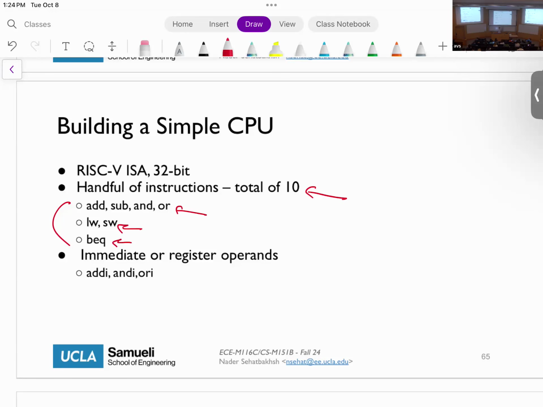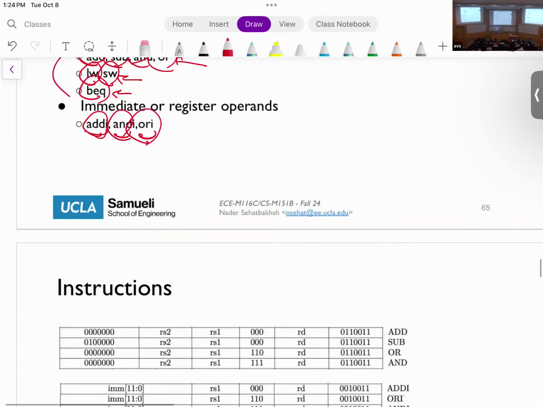That's the only one we're focusing on. We're also going to have 3 immediate instructions: ADDI, ANDI, and ORI. So these 4, then these 2, then 7, 8, 9, and 10. These are the 10 instructions we're going to focus on. Your project is also going to use these 10 instructions, maybe 1 or 2 more that I usually change from one year to another. So let's see how we build this.